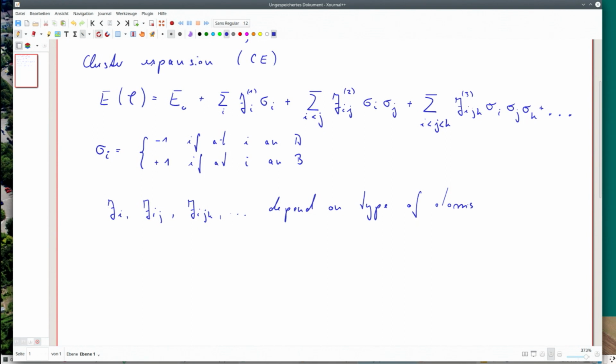That's not all. For a pair, it's a pair, perhaps with a certain distance. But for a triplet, this can be a linear triplet, or it could be a triangle, or something else. And even more for a quadruplet. So there's more than just linear arrangements of the atoms in the cluster.